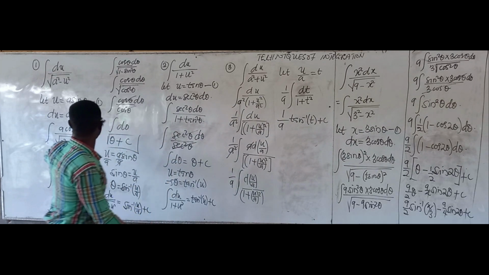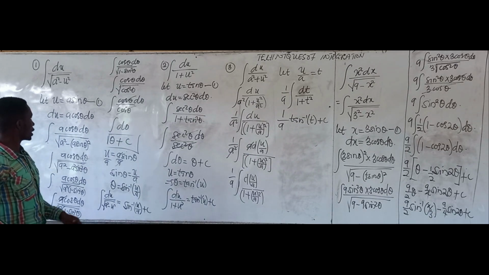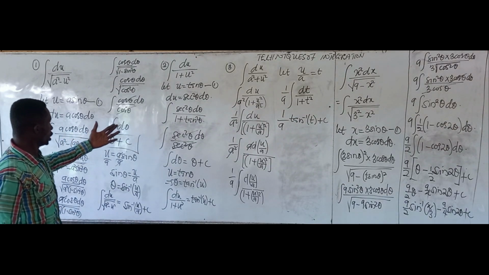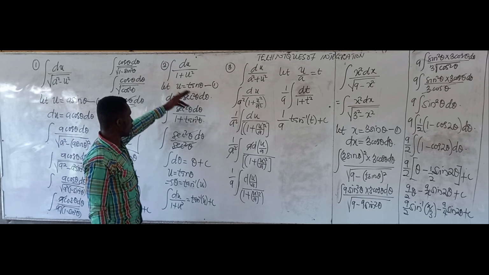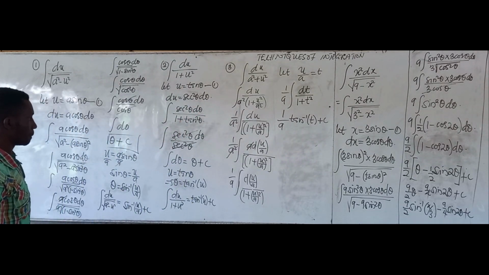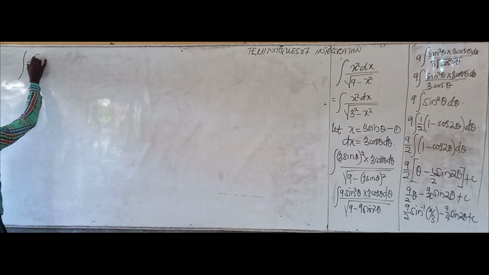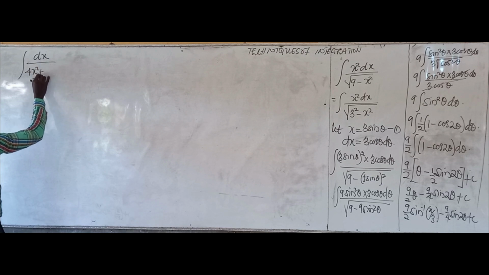So this is how to integrate this. You employ this technique for the form u over a squared minus u squared. Now what about if it is of this nature or this nature? Let's see how to go about it. Let's have a look at an example like dx over 4x squared plus 4x plus 2.